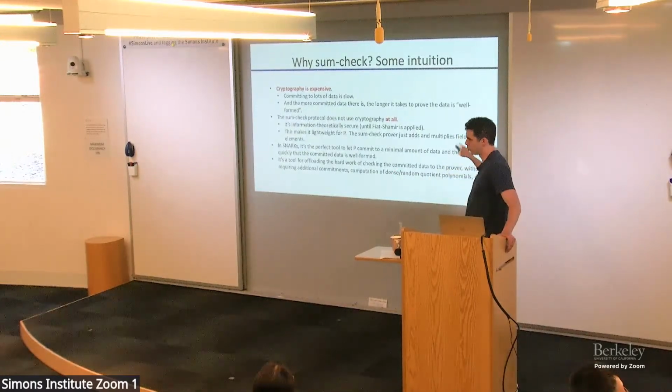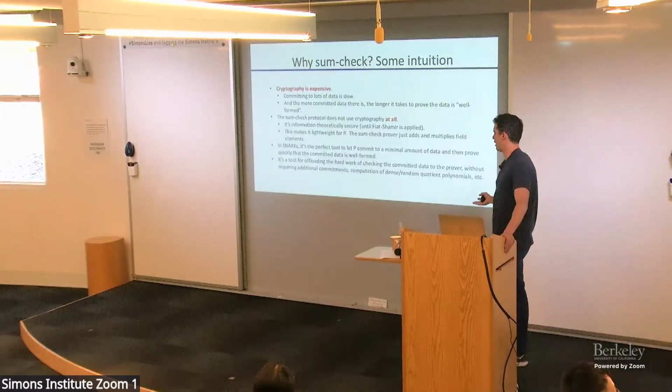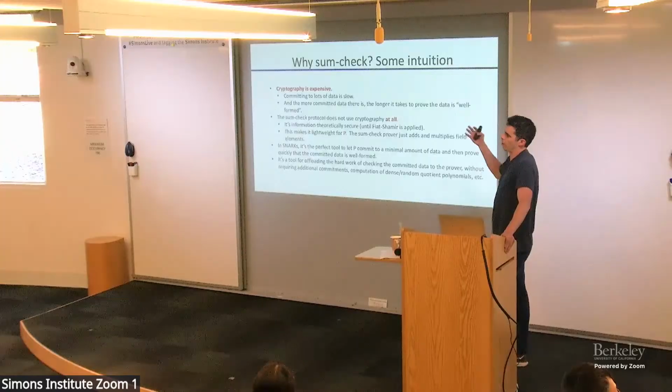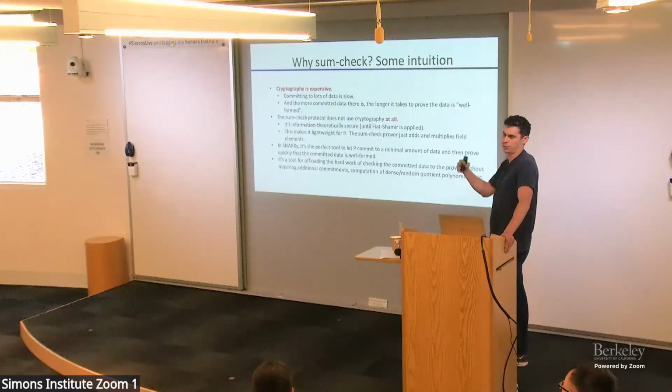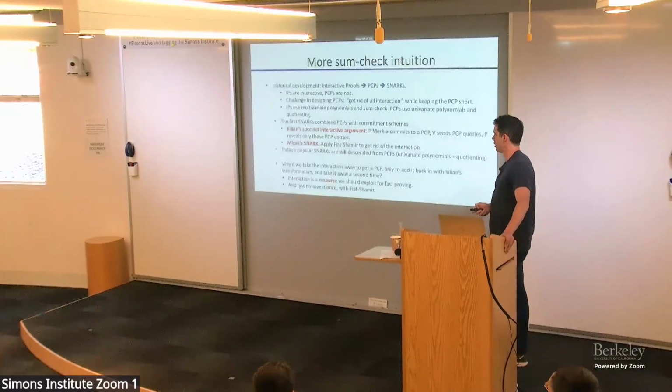The techniques will win regardless of what the answer is. Other questions? Okay. So you can view it as a tool for offloading the hard work of checking that the committed data is well-formed. You offload it to the prover. You force the prover to do that work, and you're not using any cryptography to do that forcing. So that's one view.